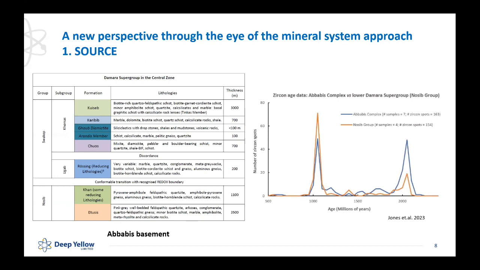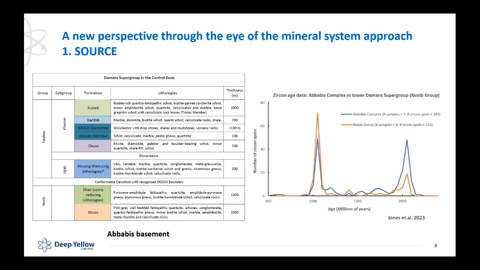One thing we also need to include is there's always talk about the basement, and I won't dive into that because that's another talk. But the established view is that this basement is older than the Damara. And we supported a PhD student, and he looked into how that relationship is.